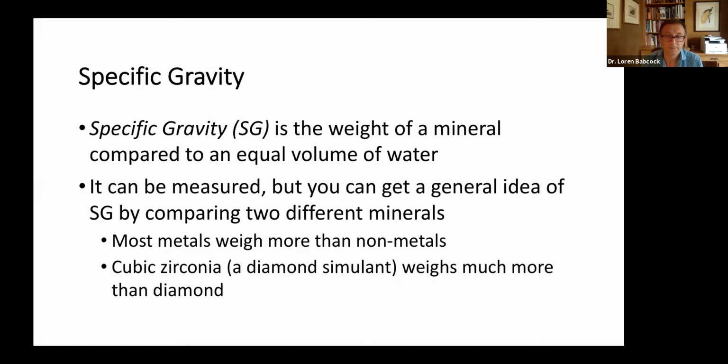That is to say, you can identify the CZ by its relative weight compared to the diamond. You don't even need to open your eyes to identify a diamond under those circumstances. Okay, so it's a very simple test, and one that I use routinely for mineral ID.